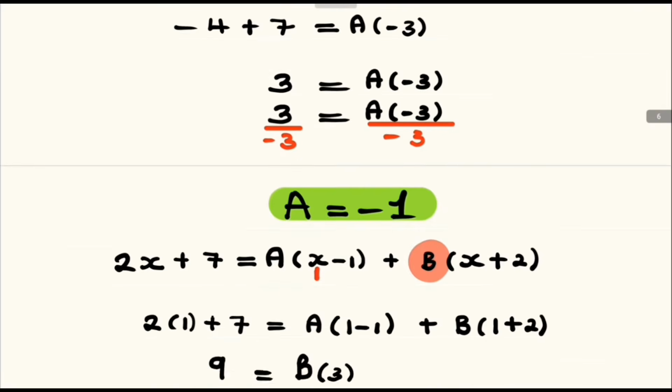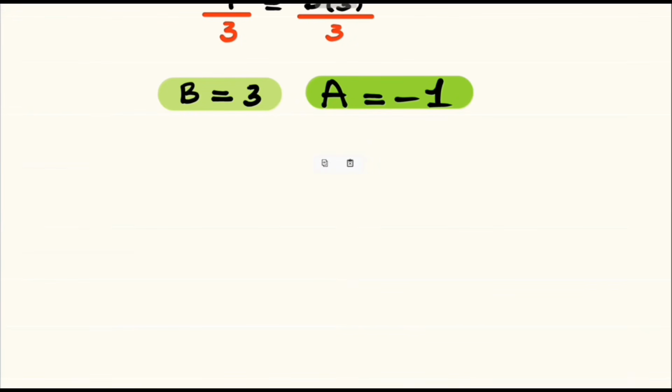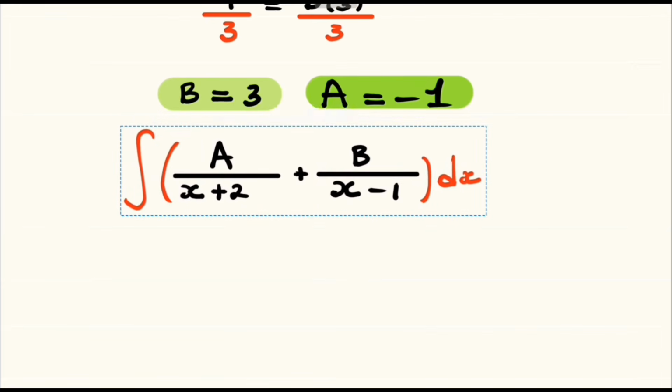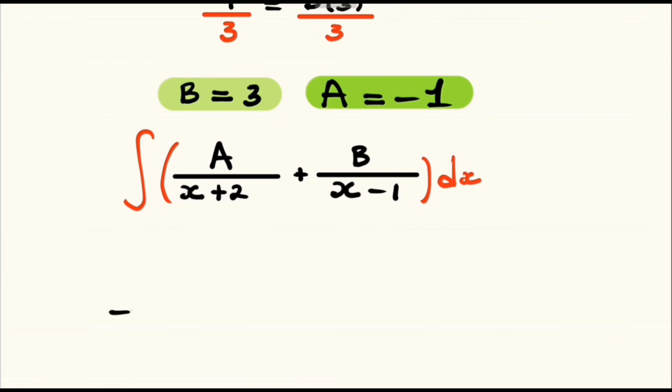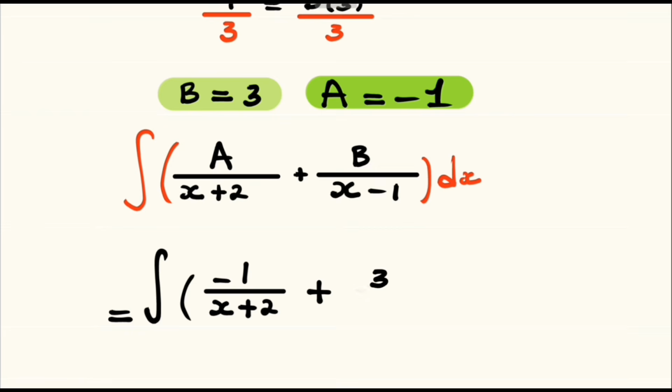So we copy and paste this and substitute the values of a and b. So this will be equal the integral of, in the place of the a, we substitute the negative 1, which we divide with the x plus 2, plus b. In the place of the b, we substitute the 3, which we divide with the x minus 1. And we have that dx.